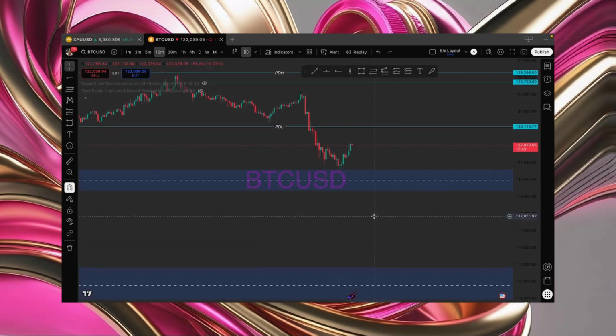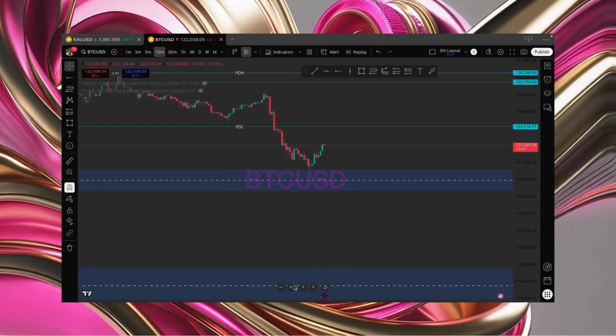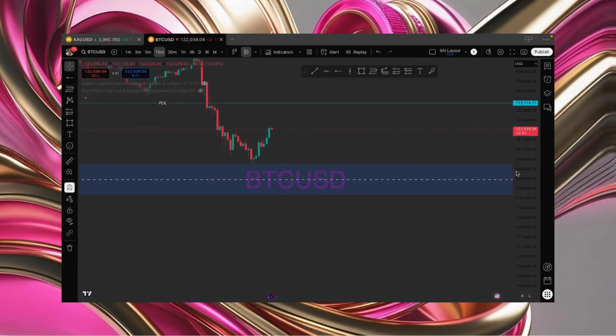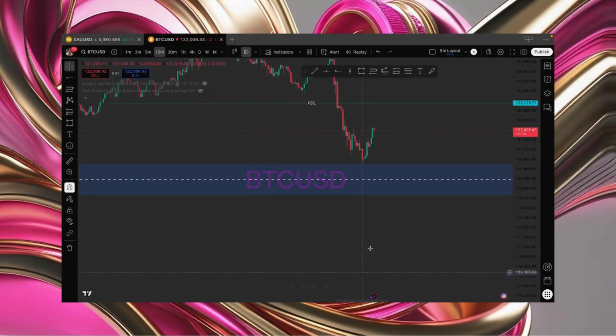So in order for me to get in, what I'm looking for is a rejection out of my zone followed by momentum, right? And this have yet to tap my zone. So am I going to get in on that? No. I need a tap down into this zone, which is going to give me a break of structure from the downside, right?